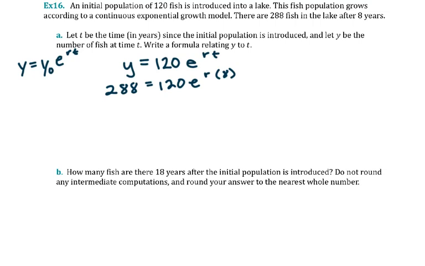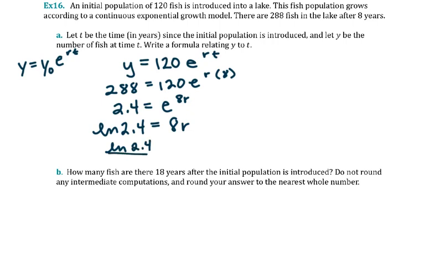Dividing on both sides by 120, 288 divided by 120 gives me 2.4. e to the 8r, natural log of both sides: the natural log of 2.4, and the natural log of e is going to cancel and the 8r comes down. Divide on both sides by 8: natural log of 2.4 divided by 8 equals r.